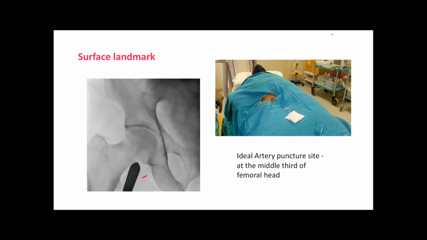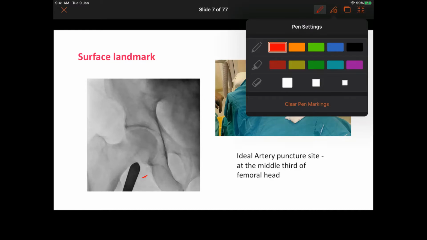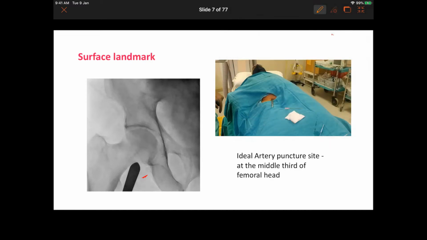Let me draw the importance of the inguinal ligament here. As I said, the inguinal ligament extends from the anterior superior iliac spine to the pubic tubercle.